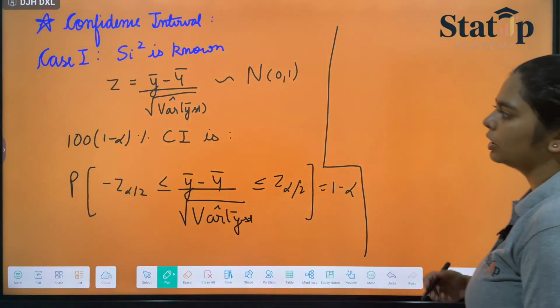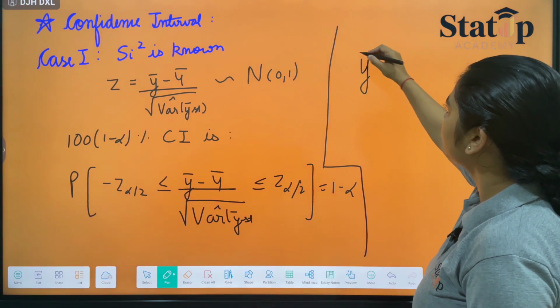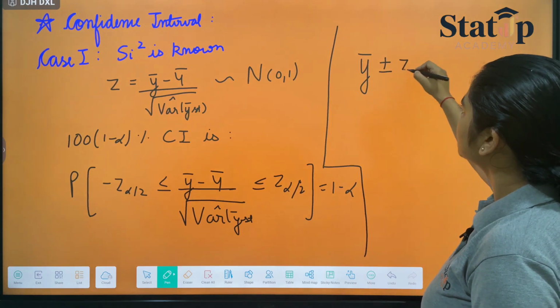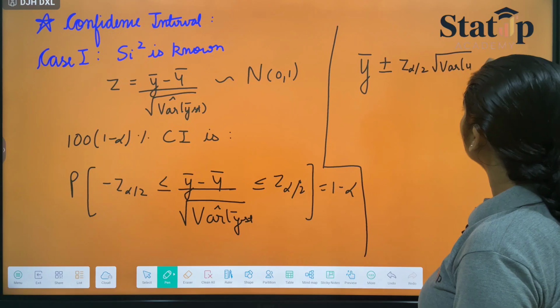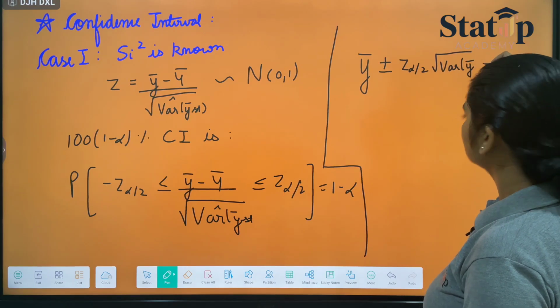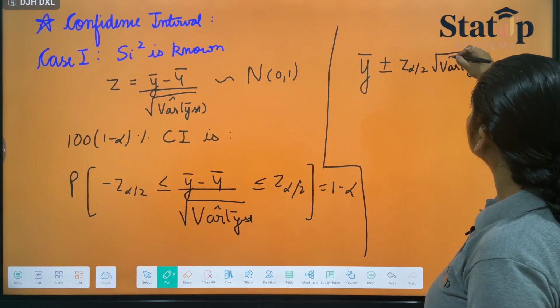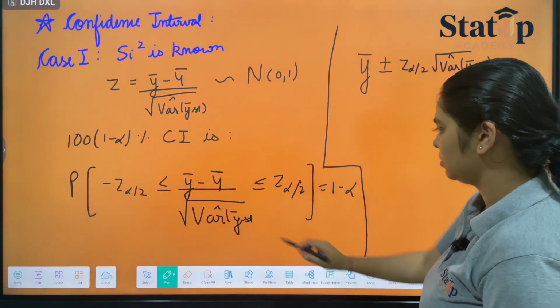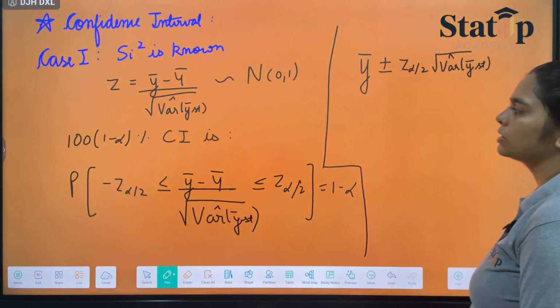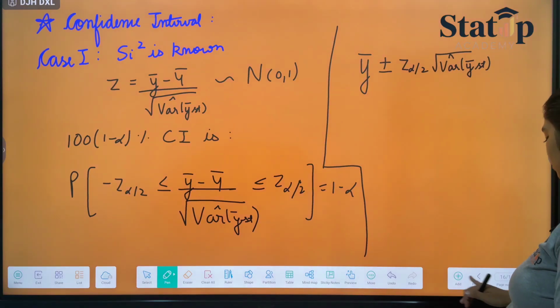So we will get, what is the confidence interval? It is nothing but Y bar plus minus Z alpha by 2 under root variance of Y bar st. Yeah, this is the confidence interval when Si square is known.